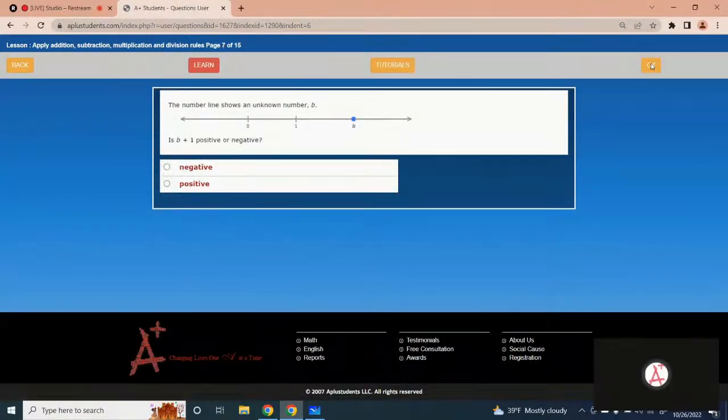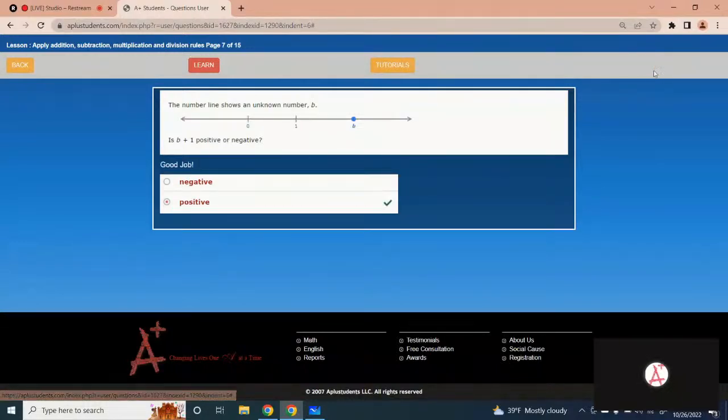Very good. Okay, the number line shows a number b. Is b plus 1 positive or negative? Yes, it is positive. Just select the correct option and click on the OK button.